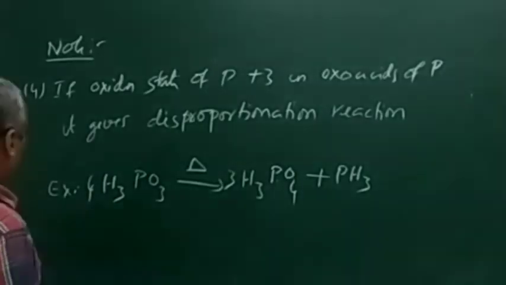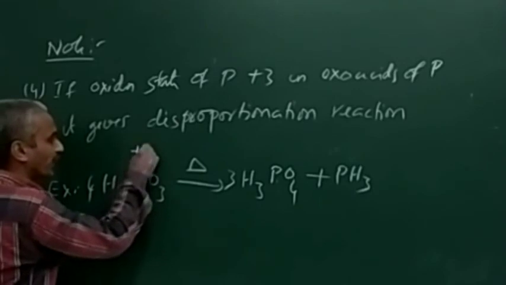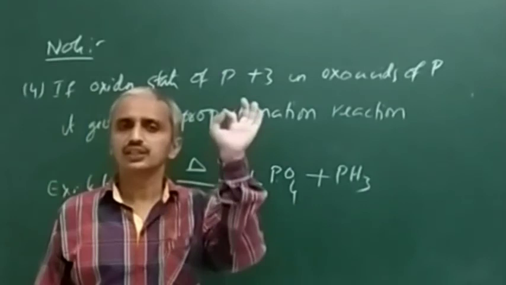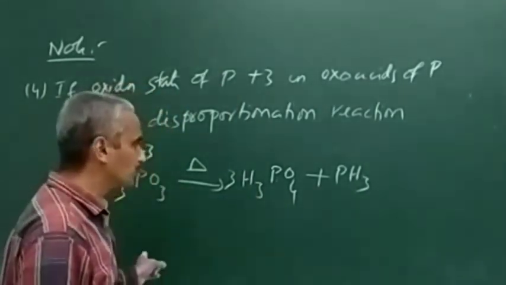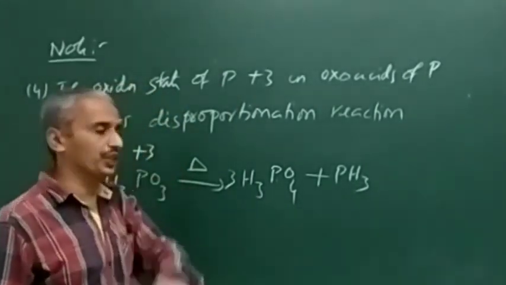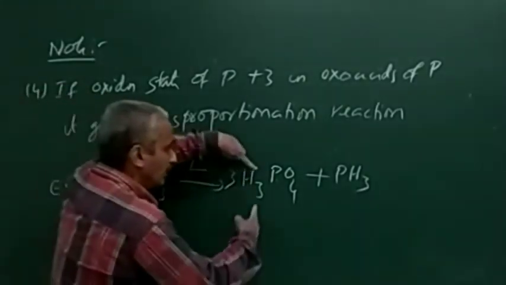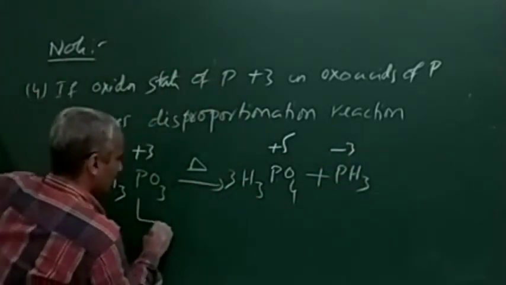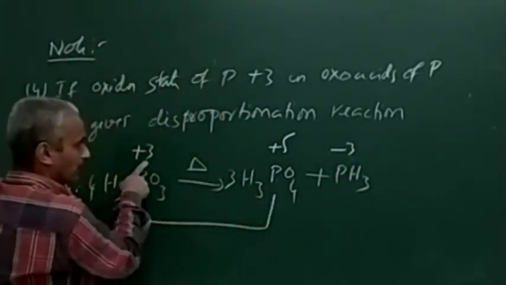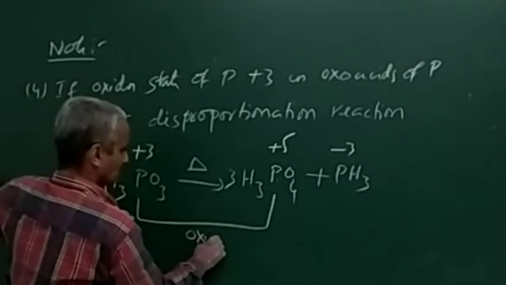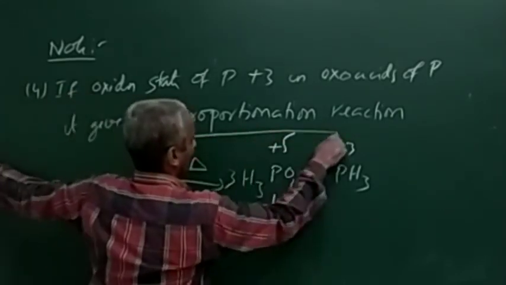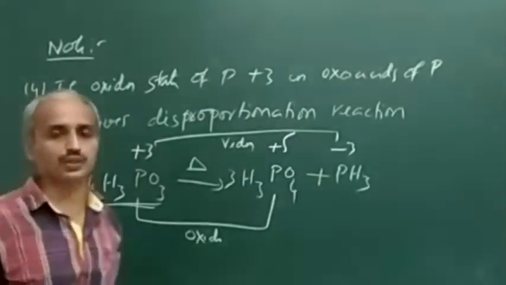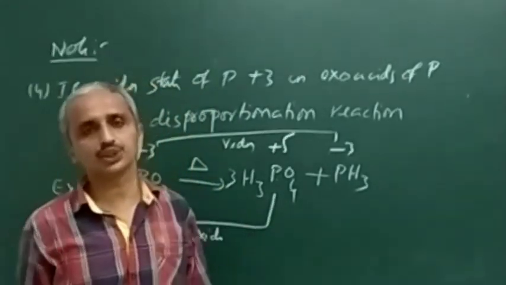Hypophosphoric acid. Now see here. If the oxidation state of the phosphorus is +3 in the oxo acid, then definitely such oxo acid gives a disproportionation reaction. See here. This is of +5, this is of -3, and is given only by the phosphorus. +3 to +5 oxidation and +3 to -3 reduction taken place by only this species, means there is a disproportionation reaction.